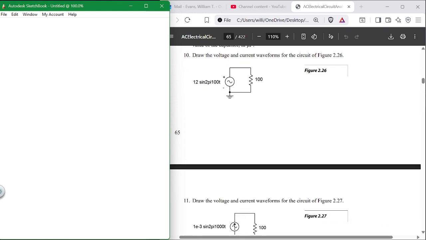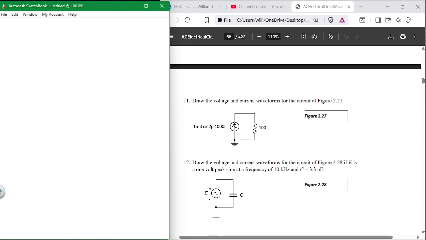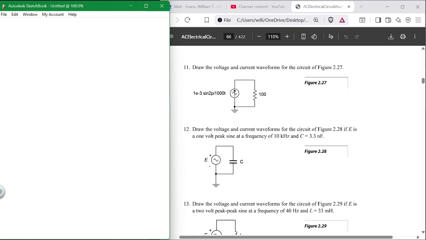Okay, 1 through 12. Now here, in 12, it's just a capacitor.